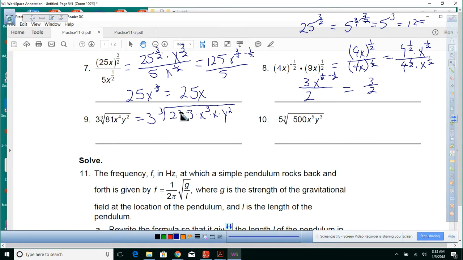The cube root of 27 is 3. 3 times 3 is 9. All right, so that takes care of that and that. And then x cubed, that's going to take an x out. The rest of this has to stay inside because there's not enough. So we have 3xy squared. Not too shabby.